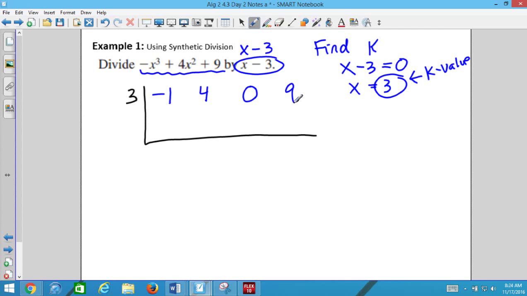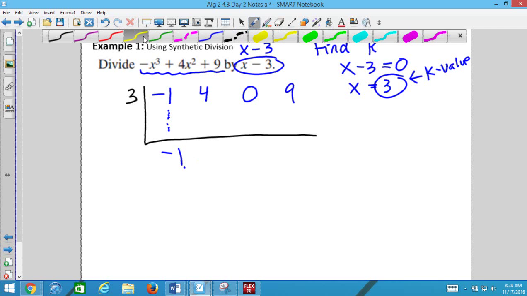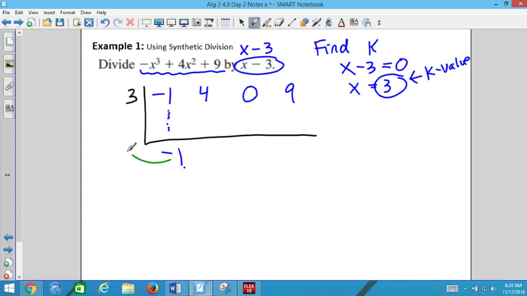Now the process is you first drop down your leading coefficient all the way down underneath the line. All right, then we multiply -1 times our k value.